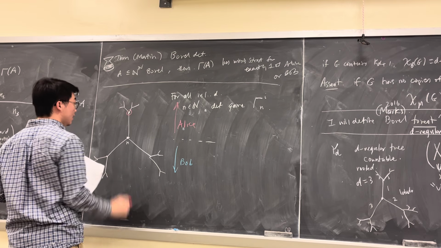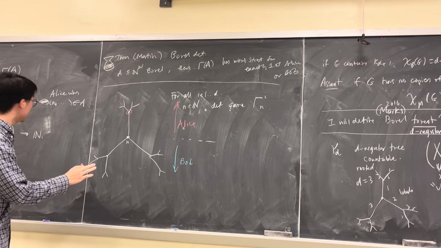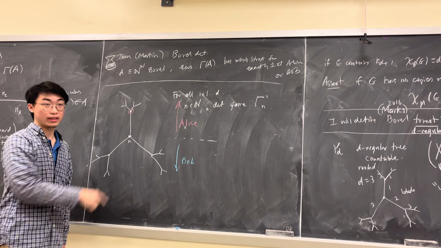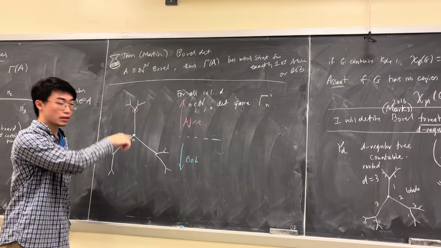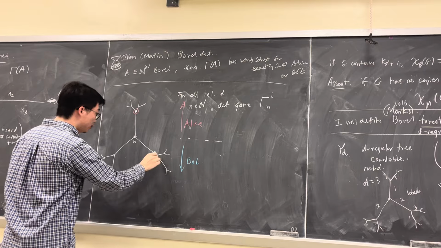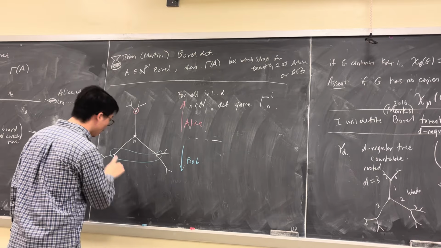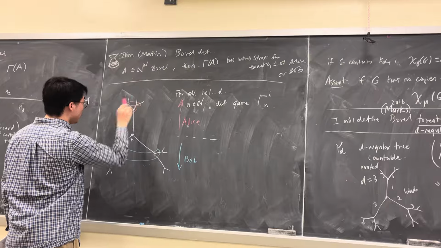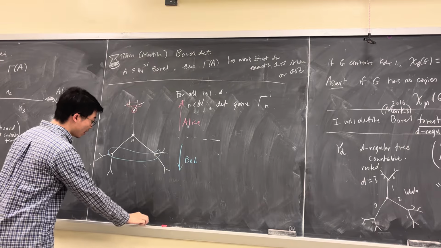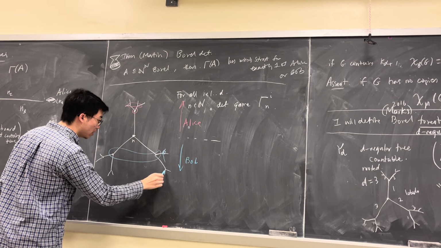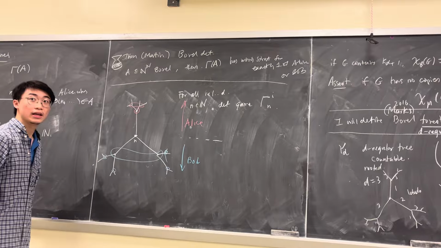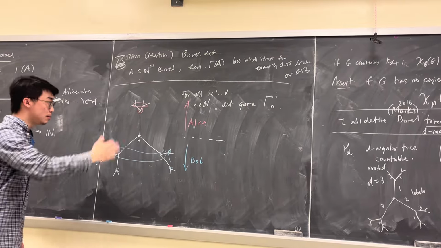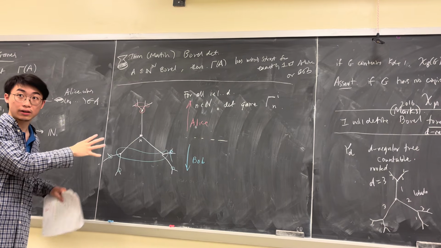A0, the first move of Alice, will be to put a coloring on this dot. The next move by Bob will be to put a coloring on both of these dots. The next move of Alice will be to put a coloring on those two dots, and the next move of Bob will be to color these four. In this way, Alice and Bob build up a coloring of this entire tree.